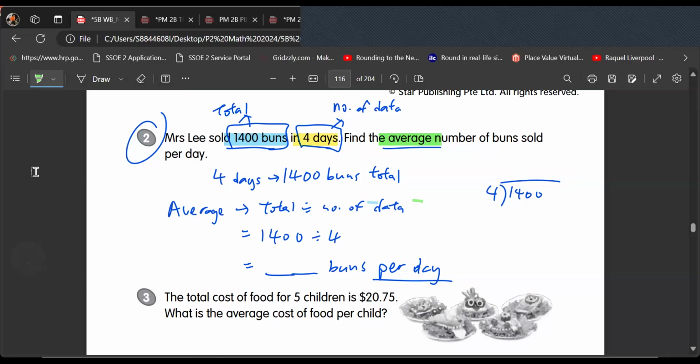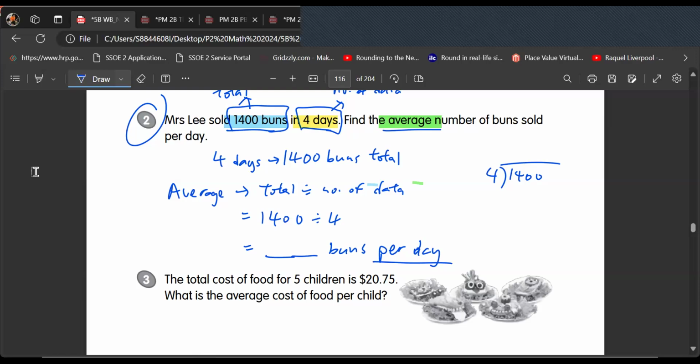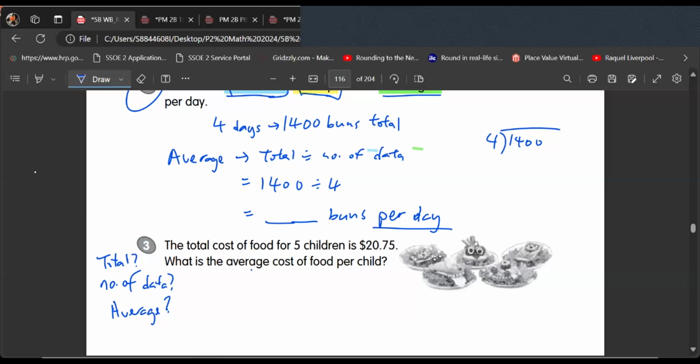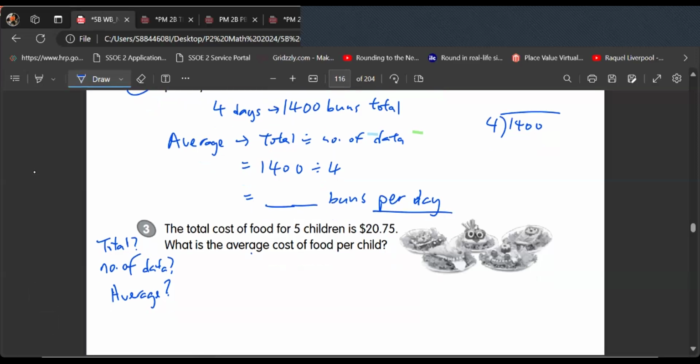Then you ask yourself, do I have the total? Is it asking for total? Is it asking for number of data? Or is it asking for average? Then you find the steps to getting to the question.